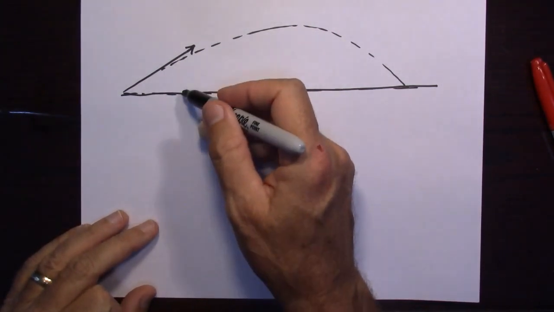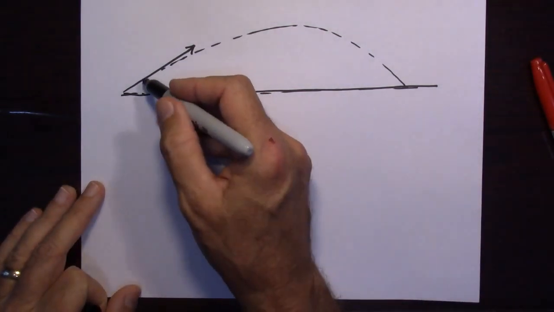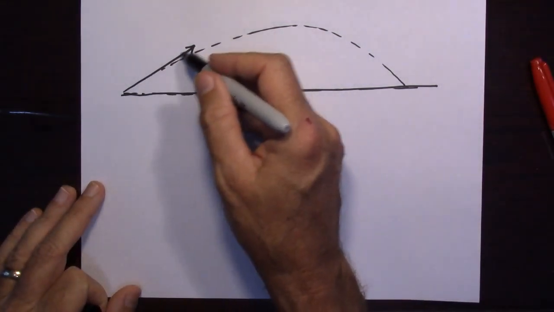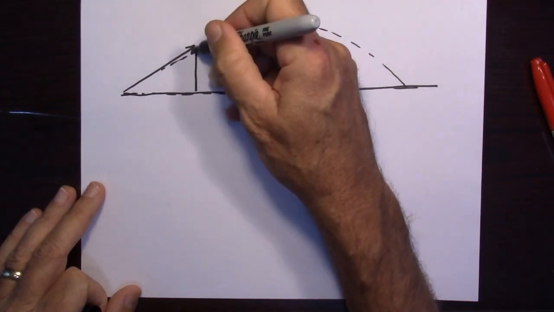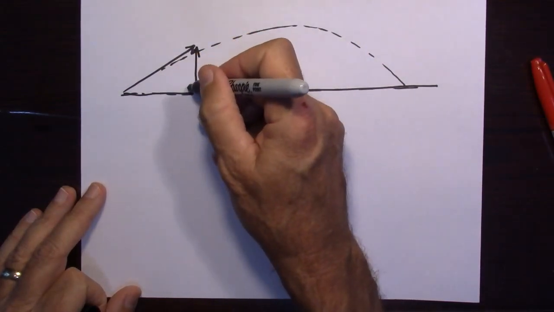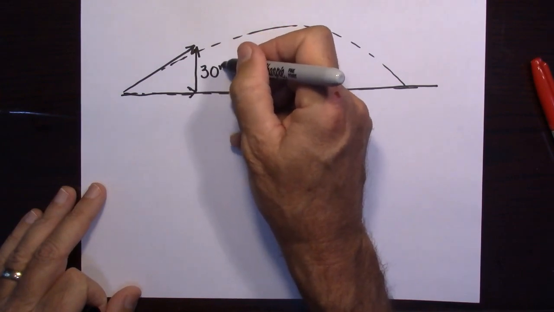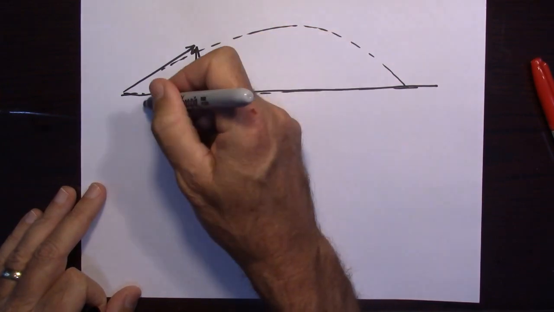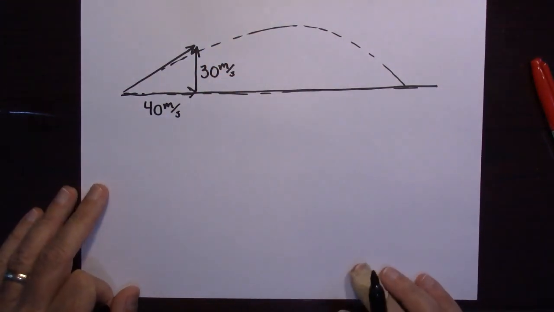If we use some trigonometry, sines and cosines, with this angle and the magnitude of the velocity, we can find the x and y components. I'm just going to make the x and y components 30 meters per second and 40 meters per second.